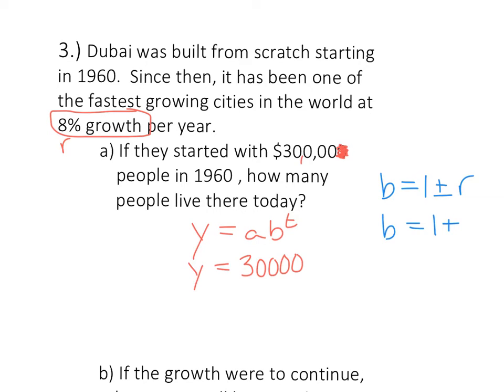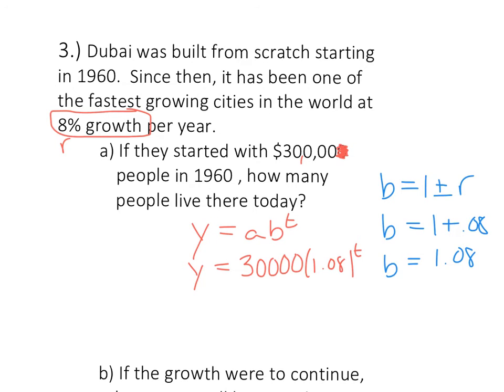Another place we got to be careful is 8% is not actually the number 8. 8% as a decimal is 0.08. So when we add those, you get 1 plus 0.08, which is 1.08. And that becomes my value of b. So in parentheses here, I have 1.08 to the t power, and that's the equation that you're going to use.